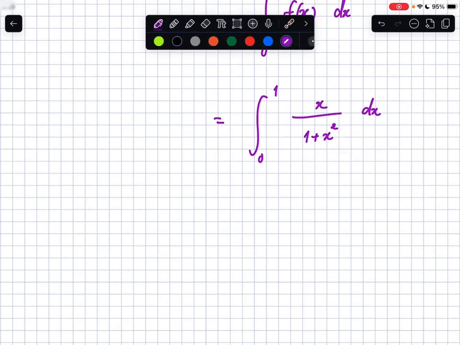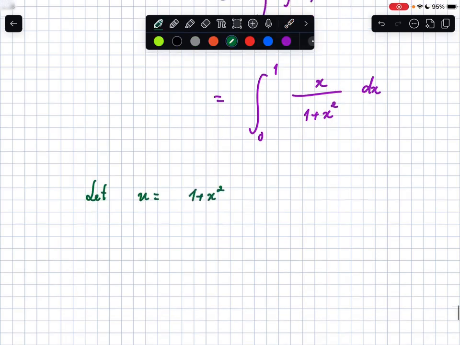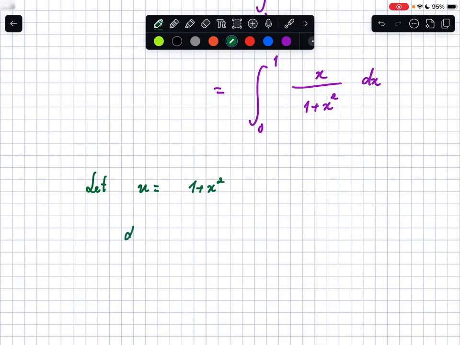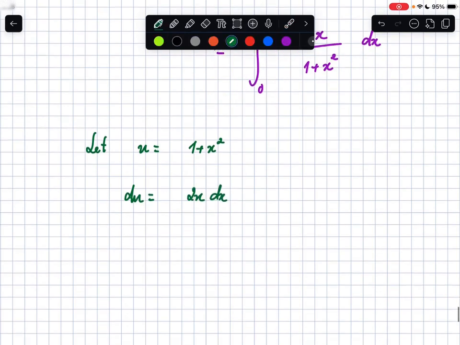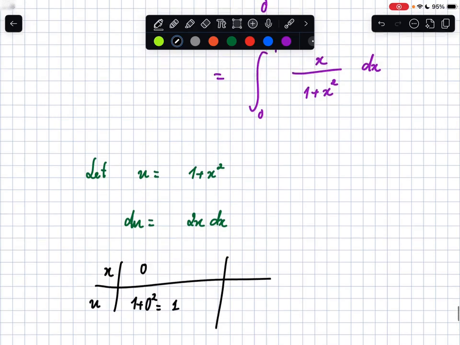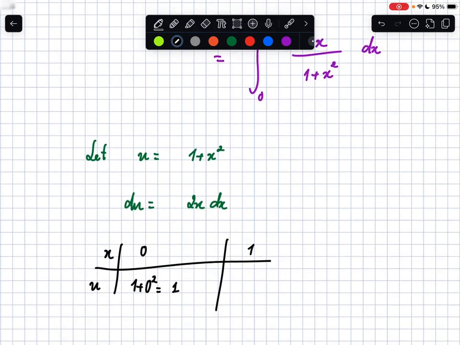Let's do substitution. Let u be 1 plus x squared. So we have du is 2x dx, and I need to change the limits of the integral. When x equals 0, u is 1 plus 0 squared, which is 1. When x equals 1, u is 1 plus 1 squared, which is 2.